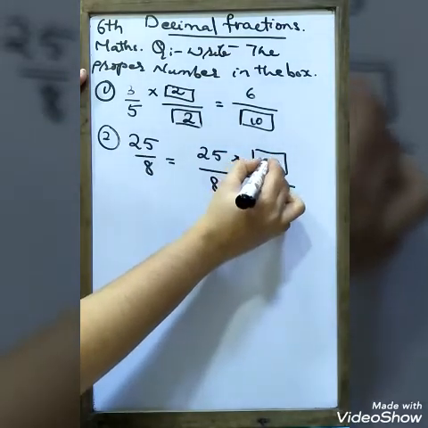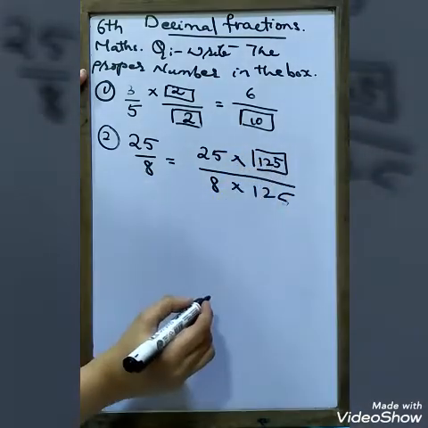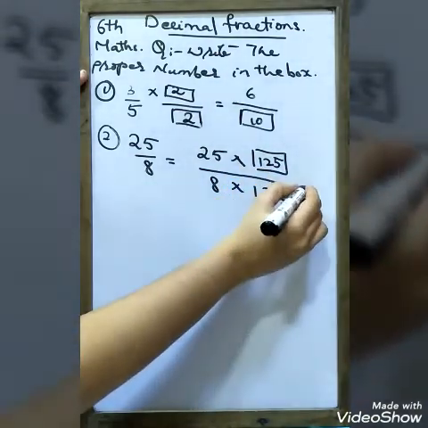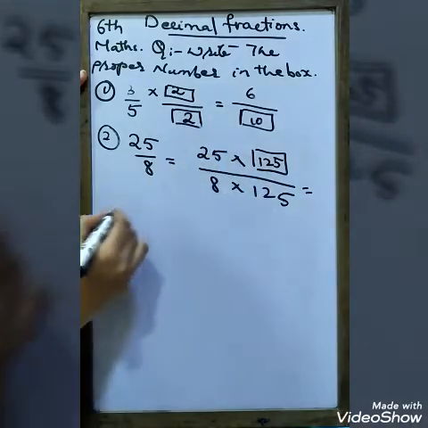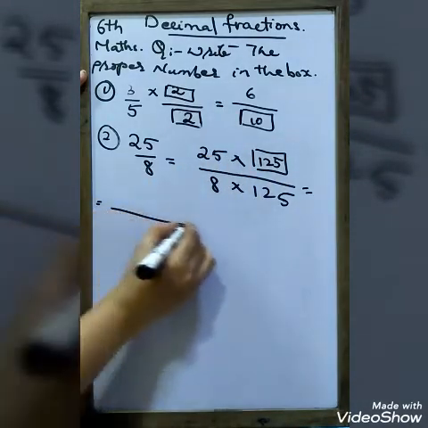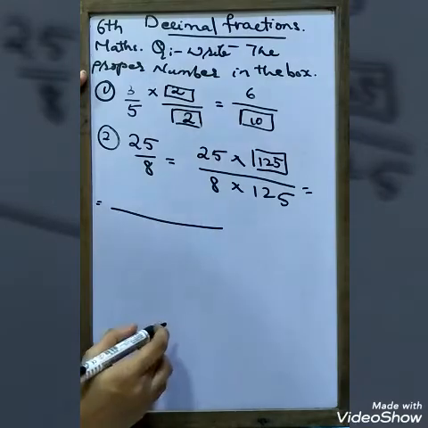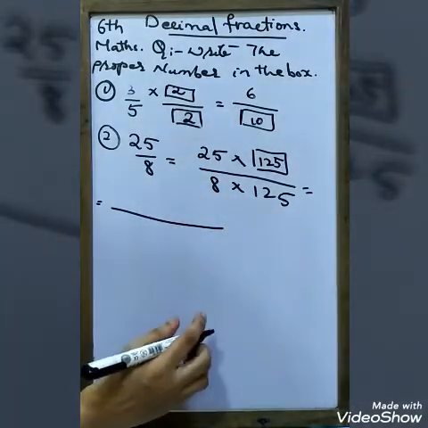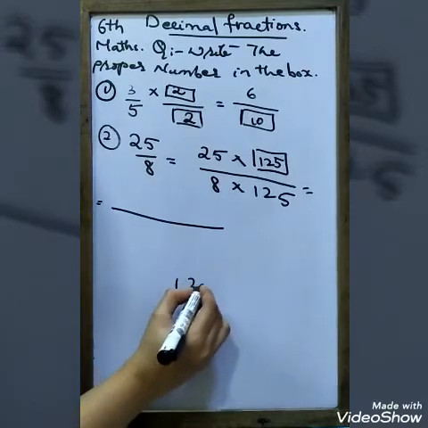So in the box 125 will come. Then if we multiply them both, we are supposed to write down the answer over here. So it will be 125 into 25 and 8 into 125. So here we will complete our multiplication.